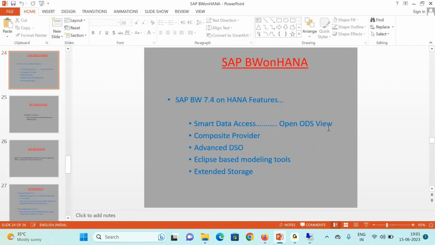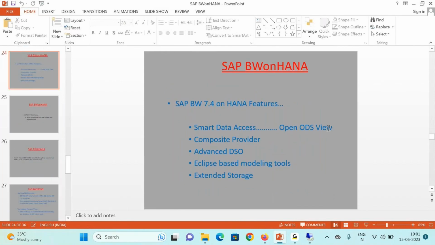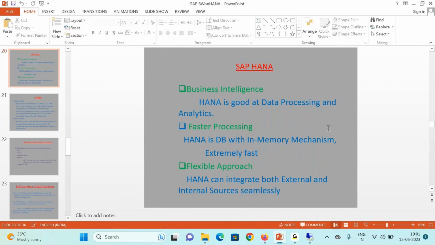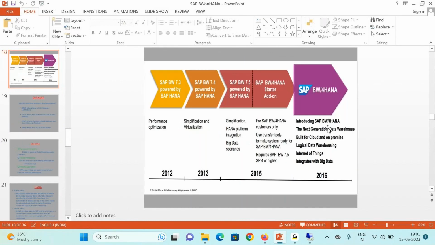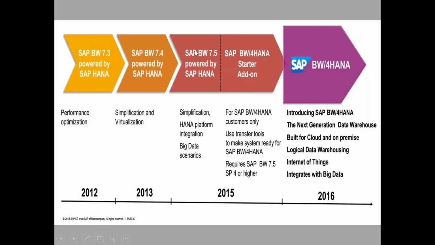Till BW 7.5 you can have old and new objects, but in BW4 HANA there are no old classical BW objects. That is the main technical difference.